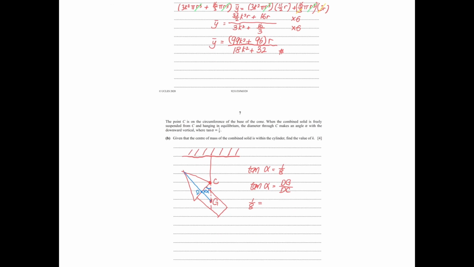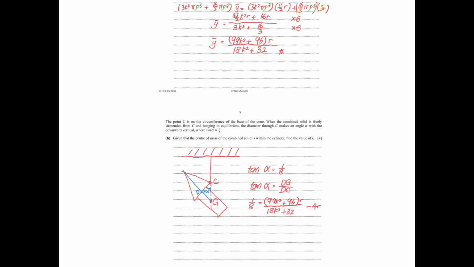Let's go back to the question. DG is hence equal to the answer from part A, 99k squared plus 96R over 18k squared plus 32, minus 4R, as I explained just now.